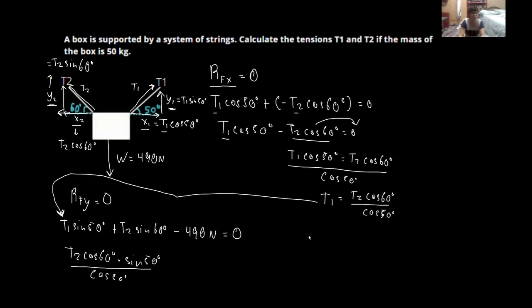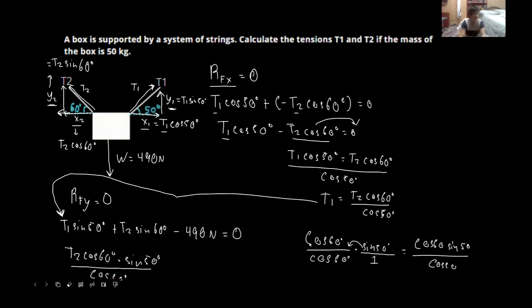Cosine 60 degrees over cosine 50 degrees, tapos times sine 50 degrees. Kasi if you're going to multiply a whole term, yung denominator nila is always equal to 1. So therefore, this is cosine 60 sine 50 all over cosine 50. Yan yung itsura.